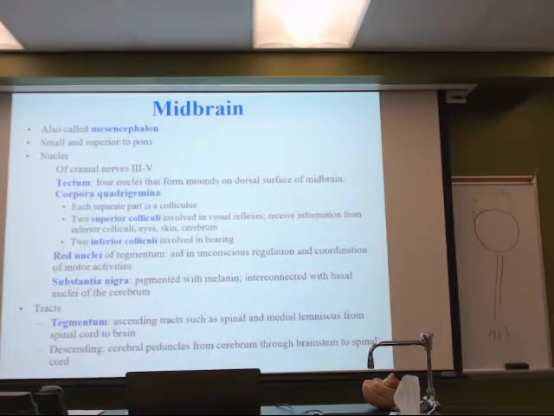Now, we have gone from medulla to the pons to the midbrain. Think about your anatomy, all right? Getting closer to the base of the brain, to other areas. We've got involvement of vision, which is kind of cool, the skin, and we're making a connection to the cerebrum.